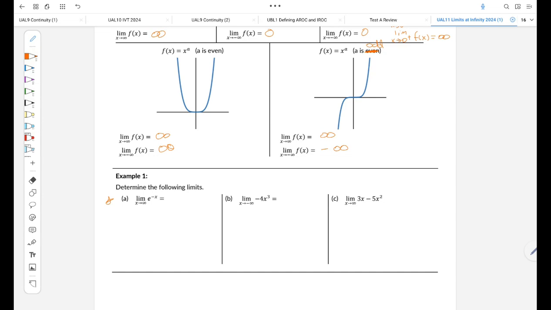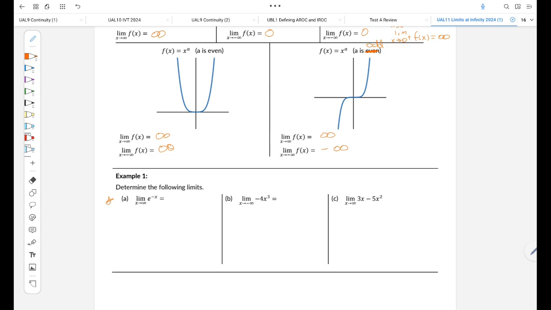And because of that, I really am raising 1 over e to the x power. That's really what's going on there. I don't want to rewrite it that way because that's not how I'm going to solve it. But I am taking the fraction 1 over e and raising it to the x power. So it's not the same graph from the top, because 1 over e is 1 over 2 point something. That's smaller than 1. But our rules still apply here.